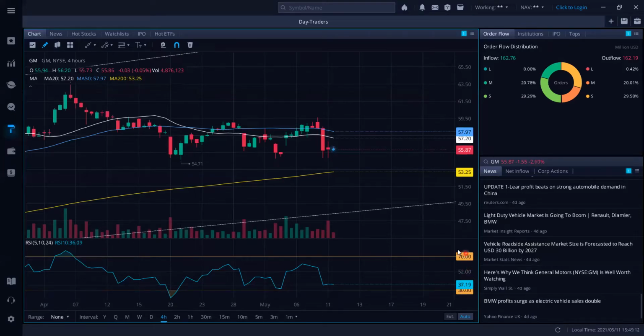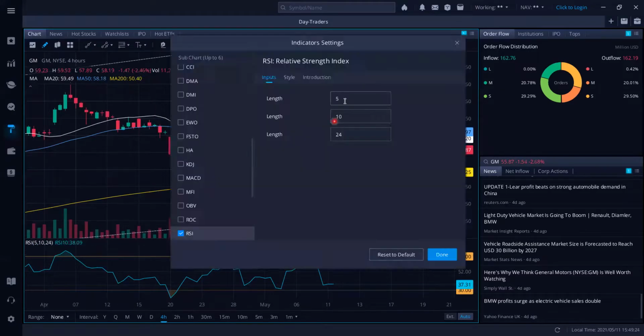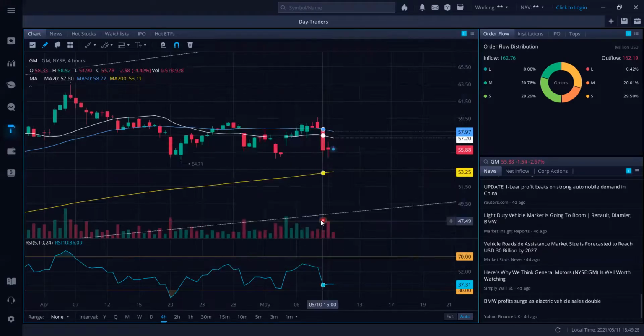As you can see, every time it breaks above 70, that's an overbought point. When it breaks below 30, it's oversold. Now, by me having my RSI set to 5, 10, 24, I get a better reaction out of the stock. I get better reactions.